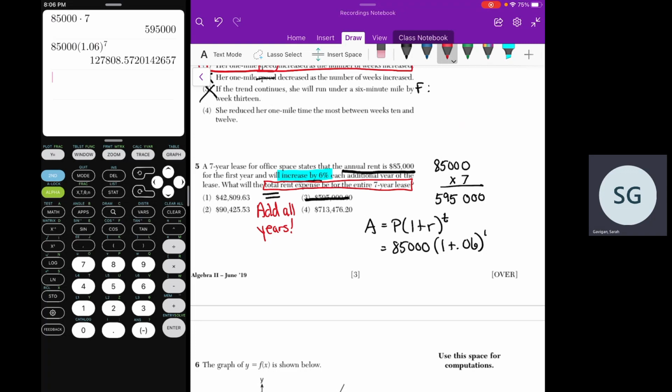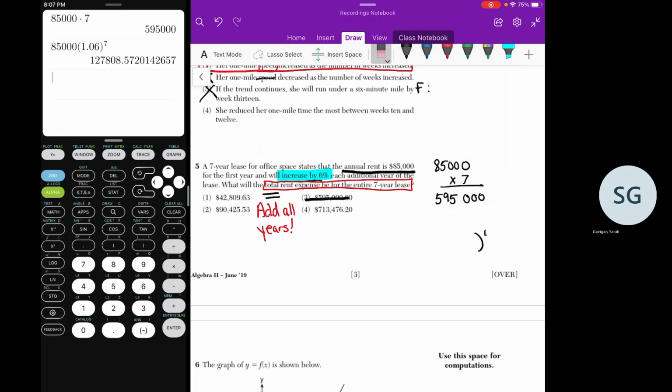So let's add up the first year, second year, third year, up until the 7th year. We don't want to do this. It's going to take us too long to add them all up. So what we're going to do is use the formula for geometric series, the S sub n.